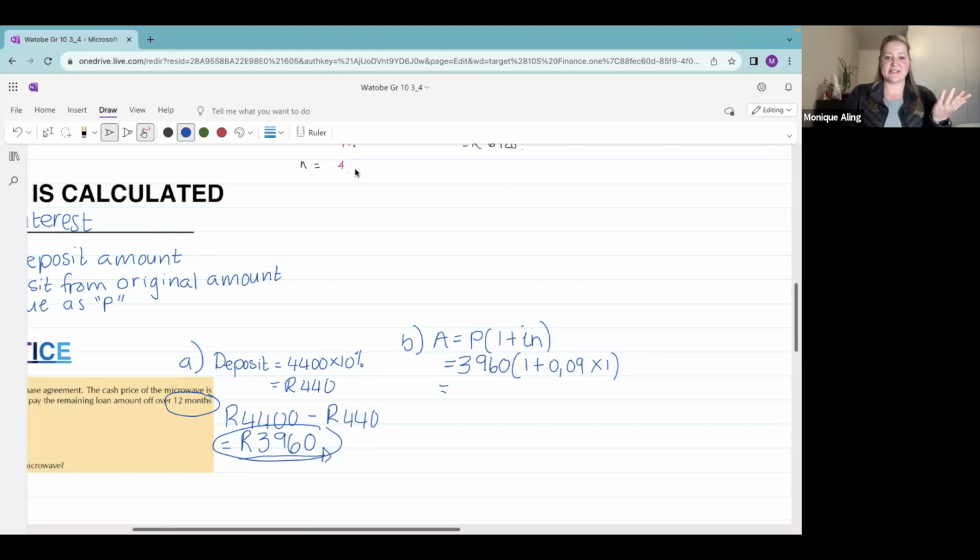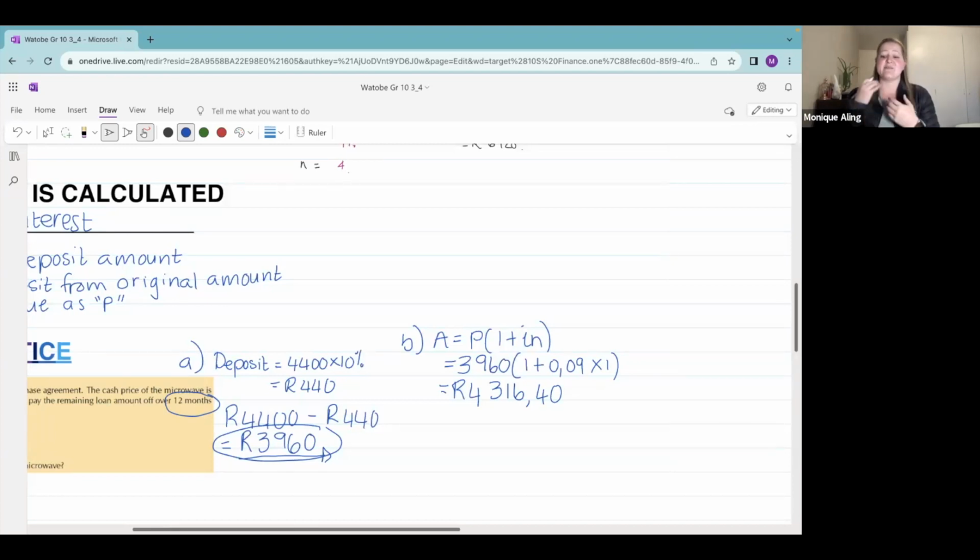Okay, guys, so you just put this into our calculator. Let me know if we struggle with that. Looks like you all got it down. 4,316.40 cents. So now we just added interest onto the amount.